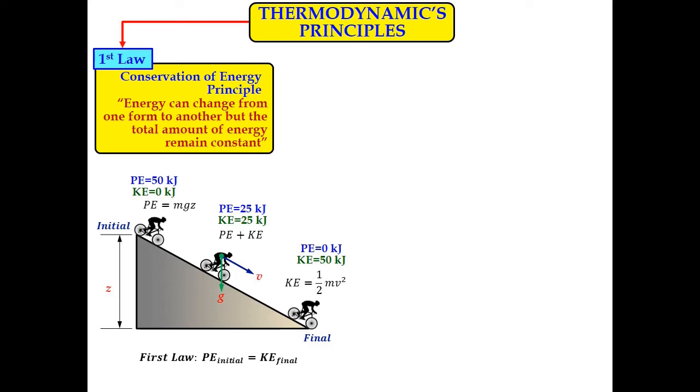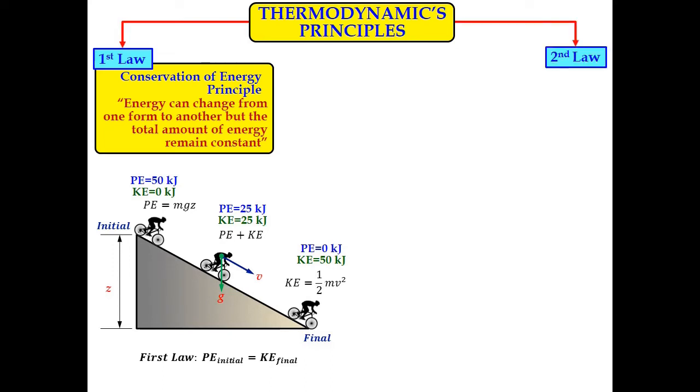The formula for PE equals mgz, so Z equals 0. So at the final state, the potential energy of the cyclist will be 0 kilojoule. But still, if we refer to the first law of thermodynamics, in total PE plus KE still equals 50 kilojoule. So this is the basic concept of the first law of thermodynamics.